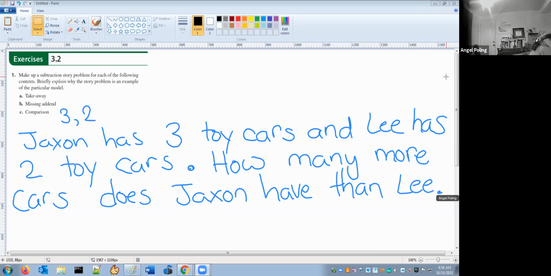So we could represent Jackson's cars and we can represent Lee's cars and have a comparison model.